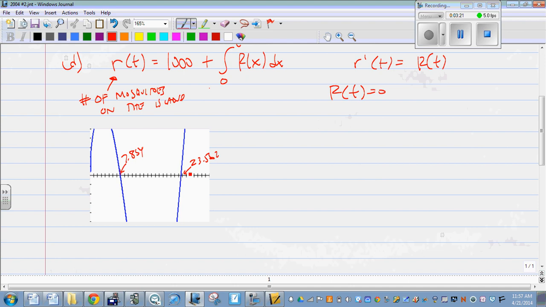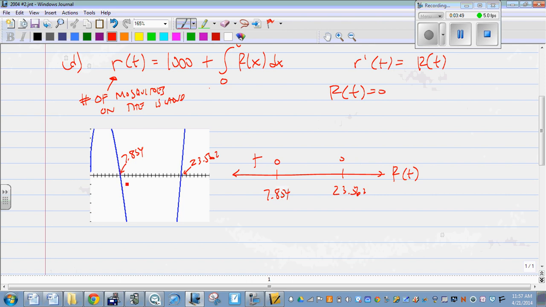If we look at this number line, we're looking at the rate at which the mosquitoes change. At 7.854, the derivative is 0. At 23.562, our derivative is 0. To the left of 7.854, the derivative is positive, or the rate is positive.